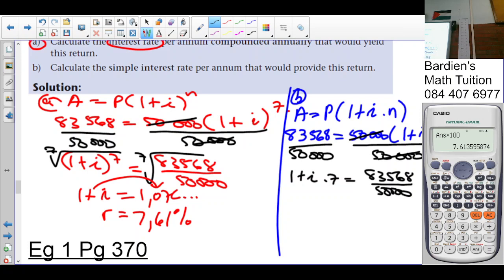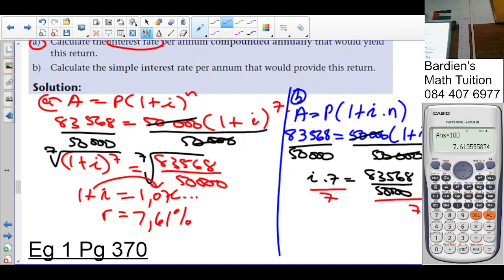What do I do now? I then subtract 1, not so? You all agree with that? So I subtract 1. Then what do I do? After I subtract 1, how do I get i on its own? You divide by 7 both sides.